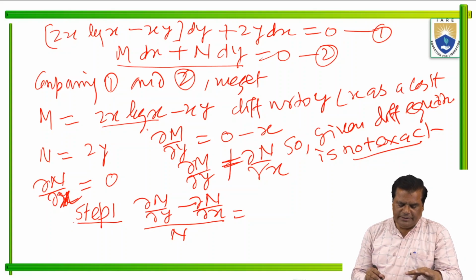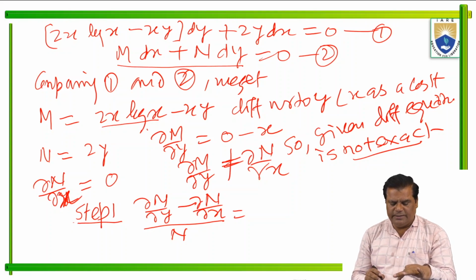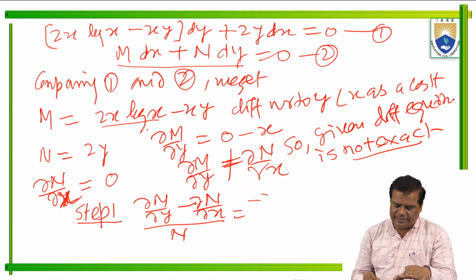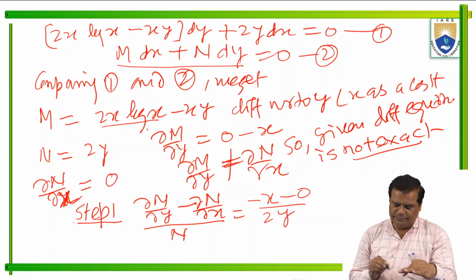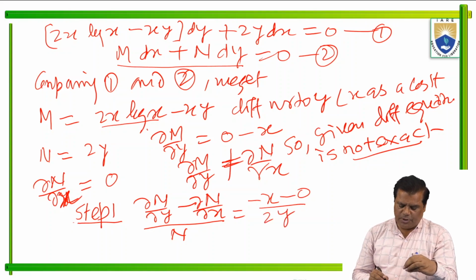M is a function of x times y, so with respect to y, x is constant and y gives 1, so minus x. Here it is minus x and minus 0 upon n. What is n? N is 2y. Upon n means 2y. So minus x upon y.